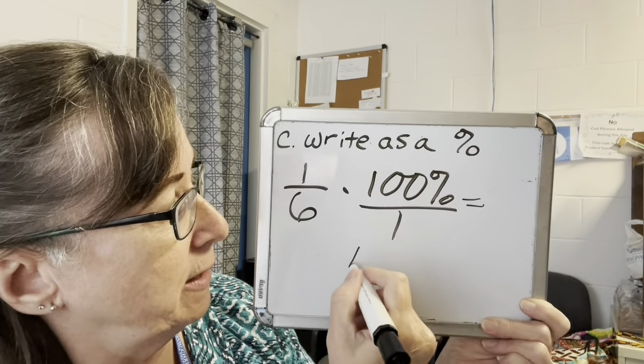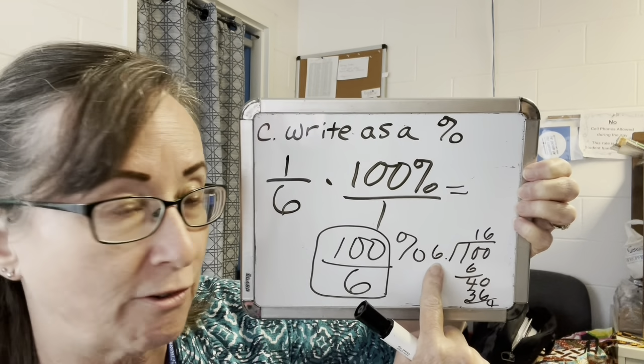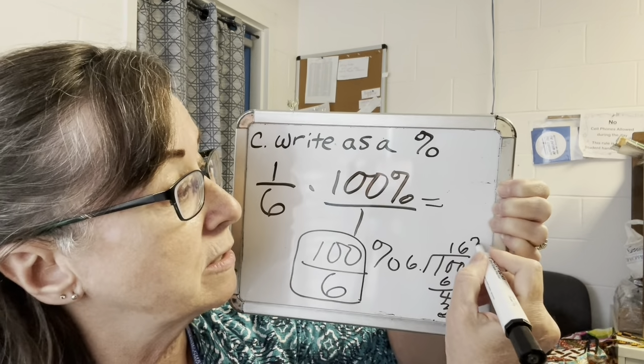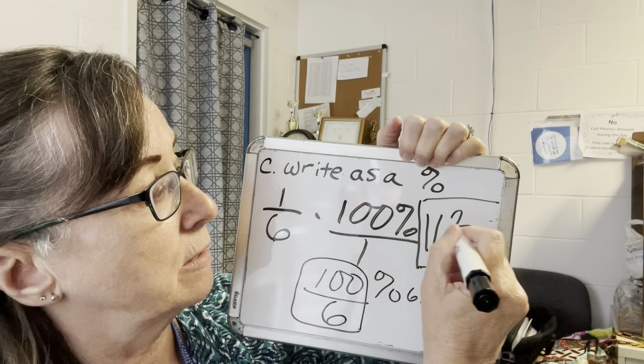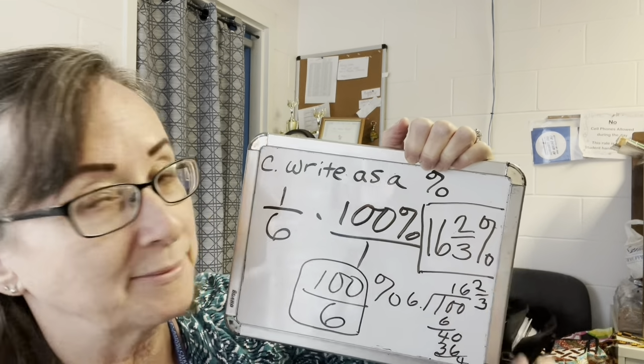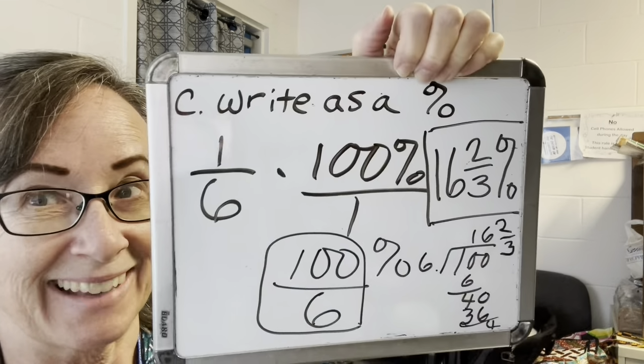So I'm going to take the 4 and divide it by a 6 and put the remainder as a fraction. 4/6 is the same thing as 2/3. Okay, so we're going to write 16 and 2/3%. And that is C.